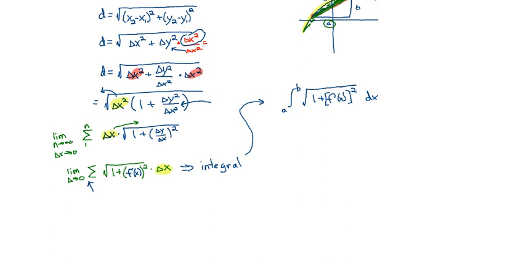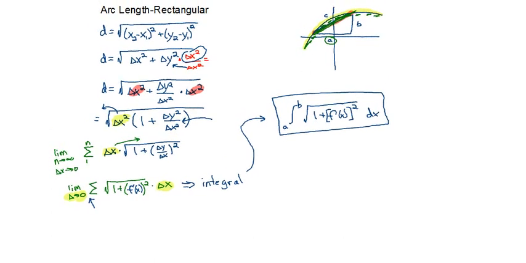Delta x, dx, they both stand for the change in x, and that change in x is going to 0. And so that is where the formula for arc length comes from, which is in your book. You're basically adding up a whole bunch of small lines, an infinite number of lines, that then will create a curve. I hope that clears a few things up.